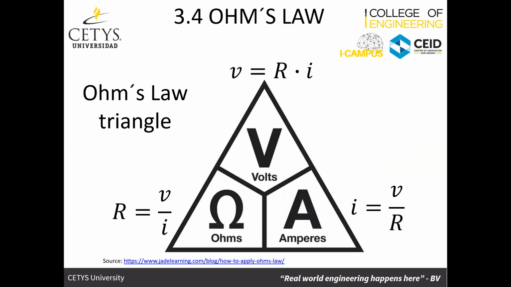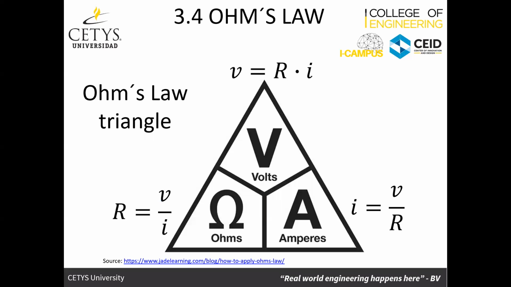Okay, so how is that relationship given mathematically? It's actually a very simple relationship. And actually remembering the triangle, because you're going to be doing your study guides and your formula sheet for all units. You can actually draw the triangle, and the triangle gives you all the formulas you need.